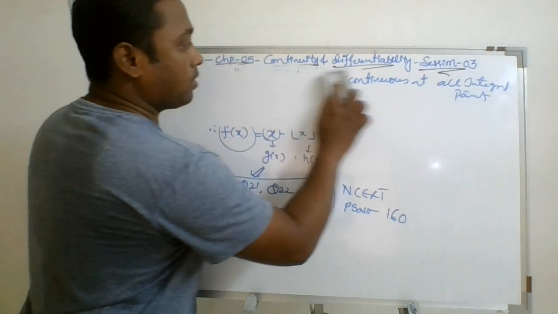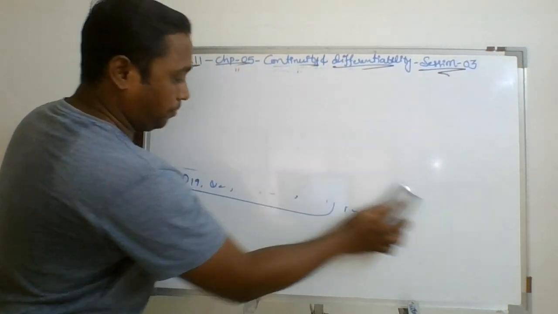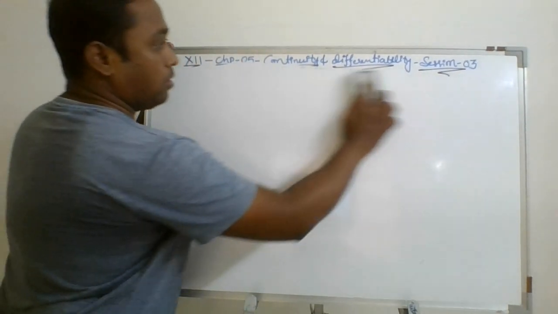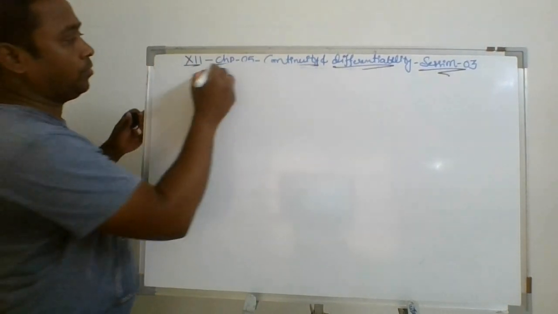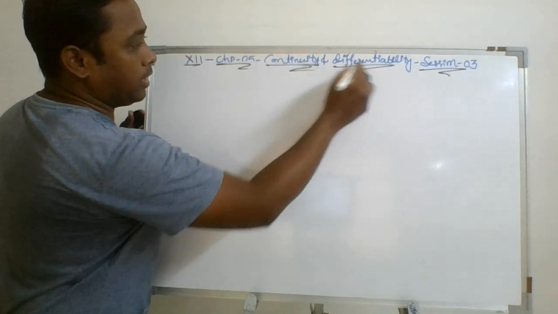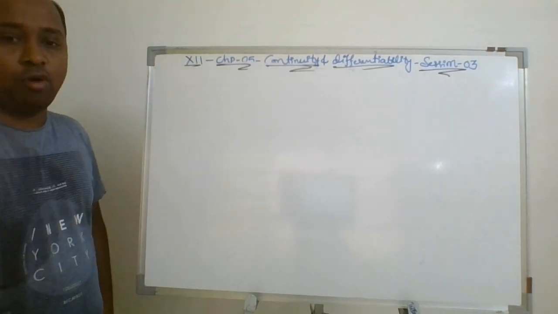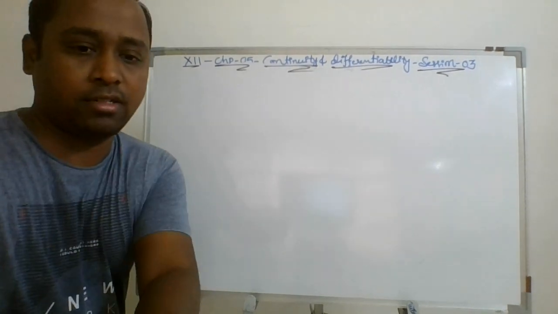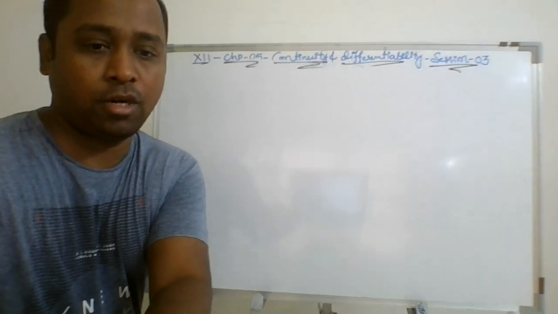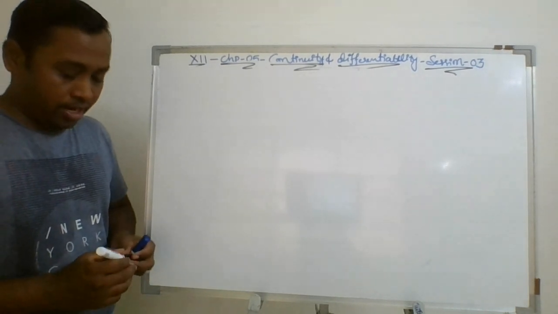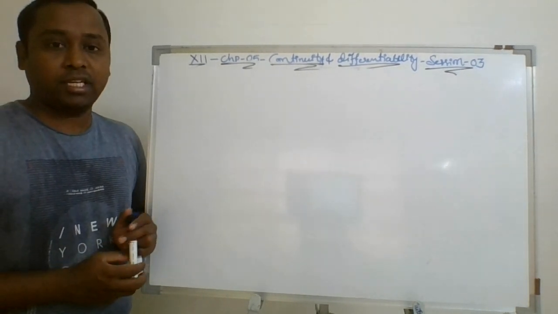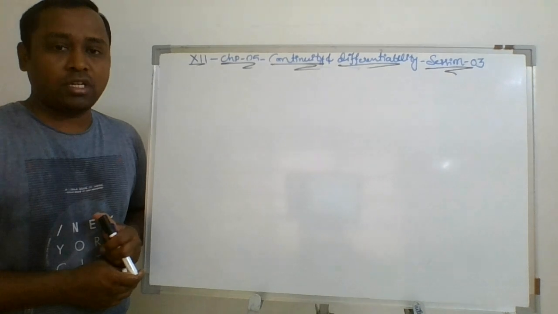Now coming to the next concept, that is composition. What does composition basically mean? What do you understand from the term composition? You have heard about the composition of music, music is composed.